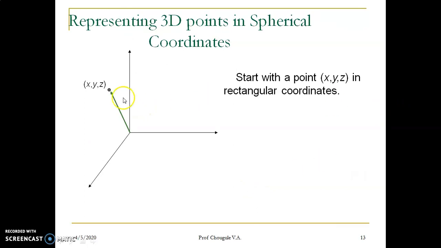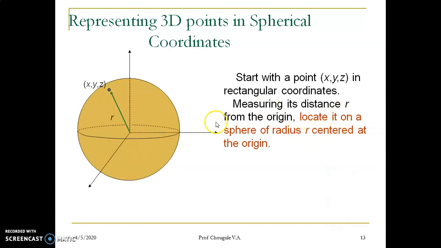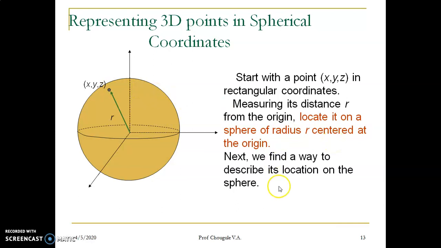Start with the point x, y, z in space. Now, measuring the distance r from the origin, locate it on the sphere of radius r centered at the origin. Next we find a way to describe its location on the sphere.